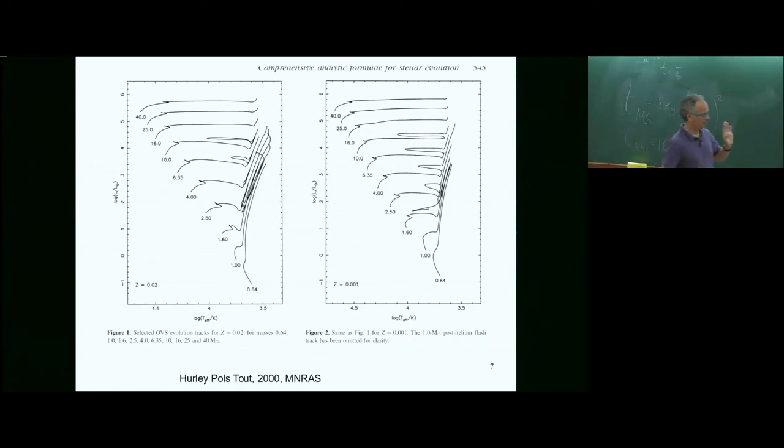So for many binaries, nothing will happen over the first 90% of the time, but certainly once one of the components goes through the main sequence evolution, then there will be quite a lot of things happening really, really rapidly.